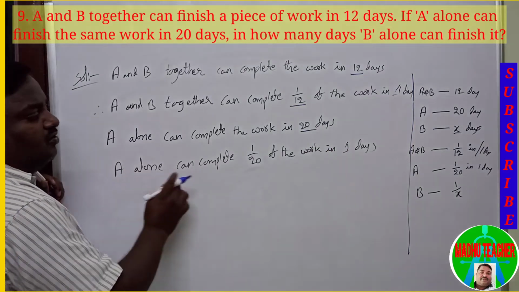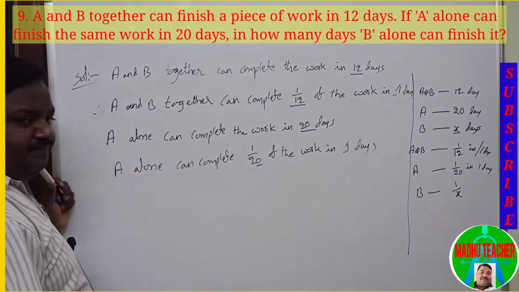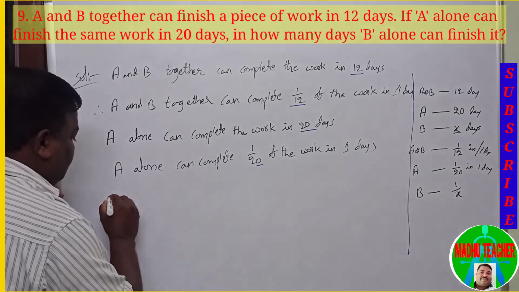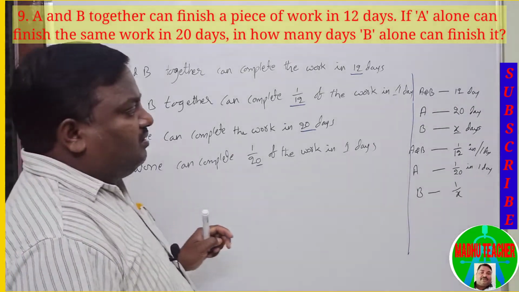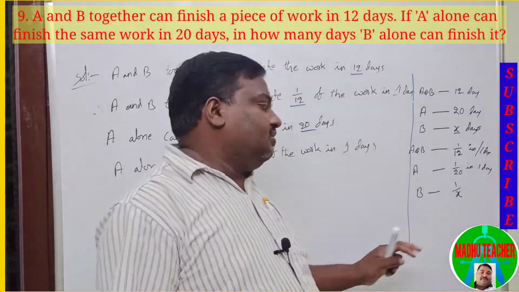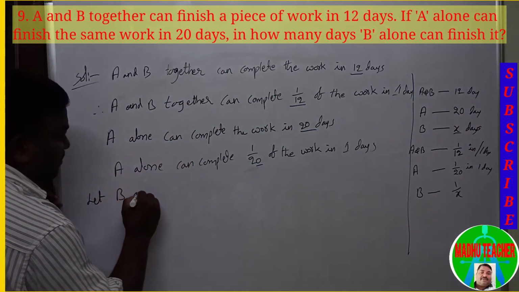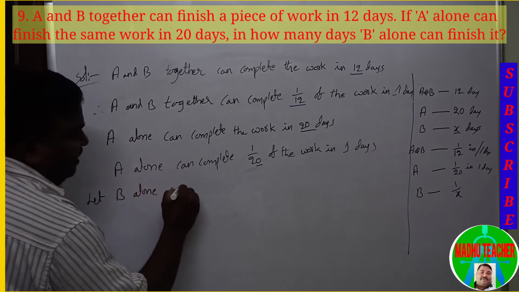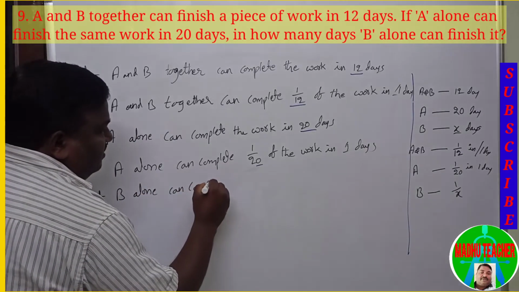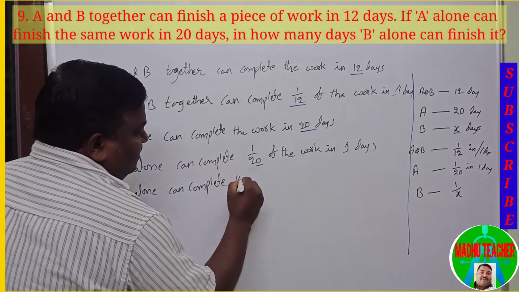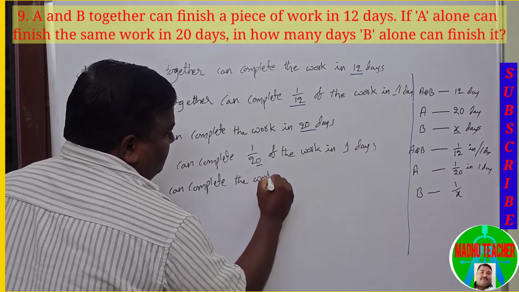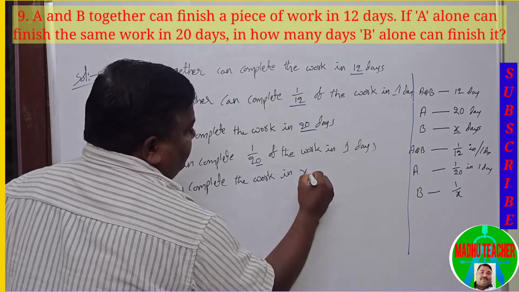He can complete 1/20 of the work in 1 day. Next, B. We don't know the time taken by B. Therefore, let B alone complete the work in X days.